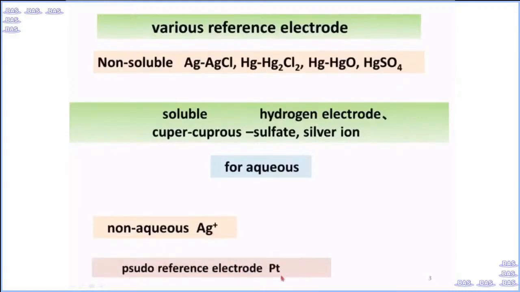But platinum is not a definite indicator, depending on the experimental condition. I will mention this kind of Ag reference electrode.